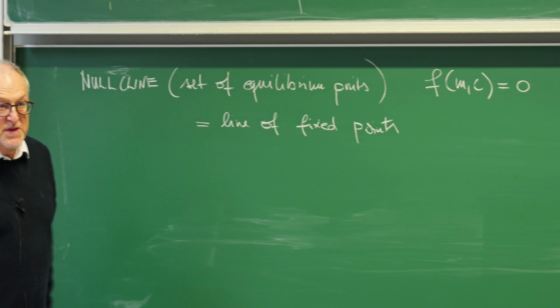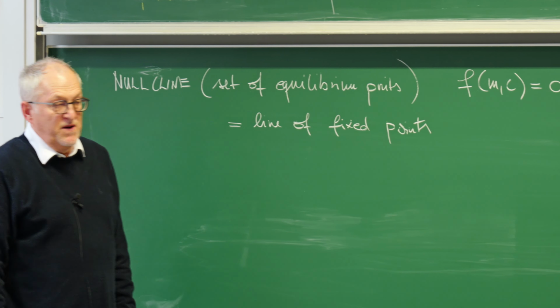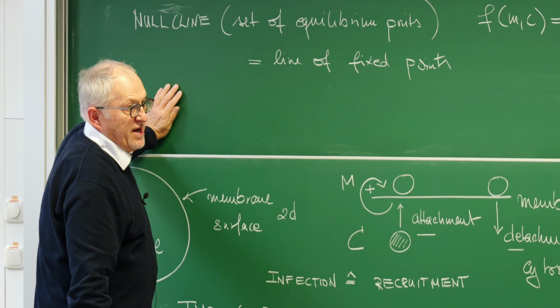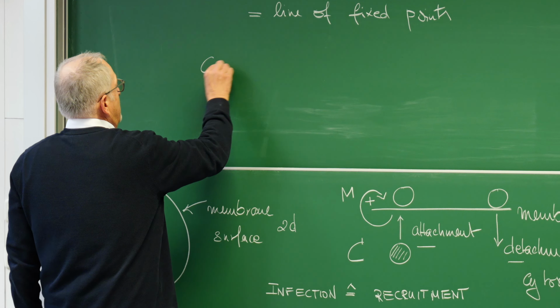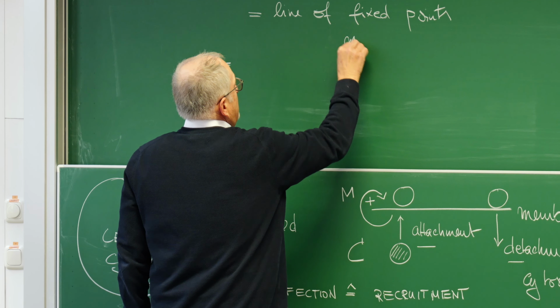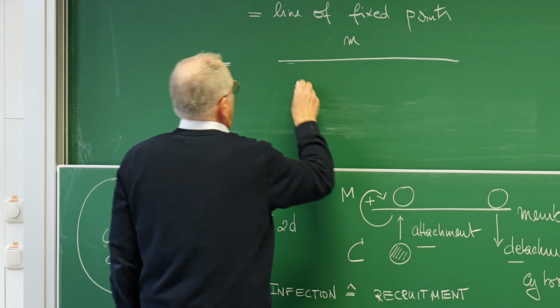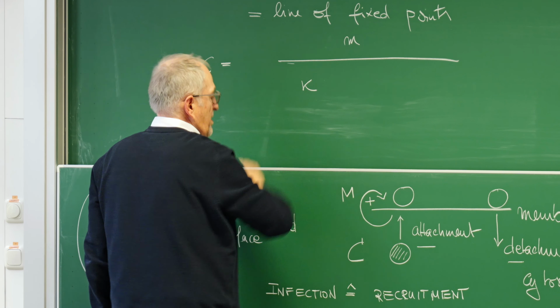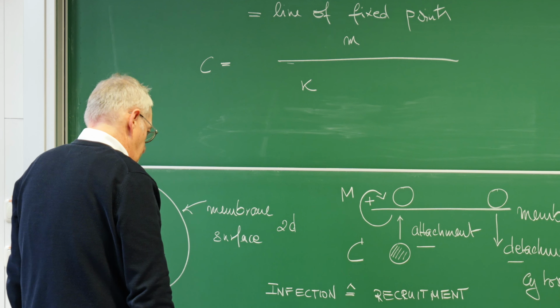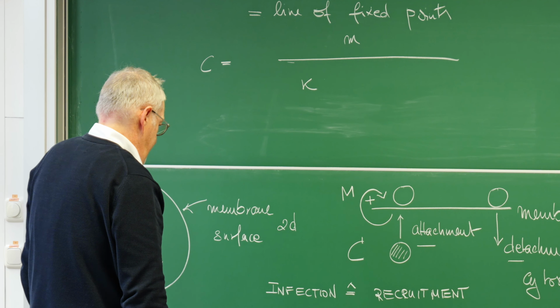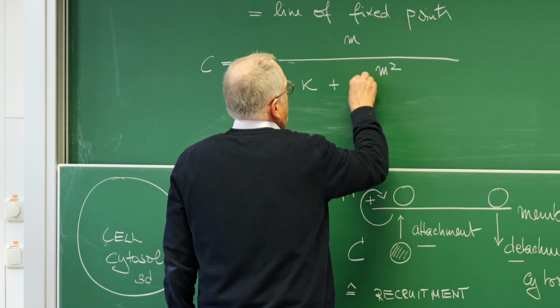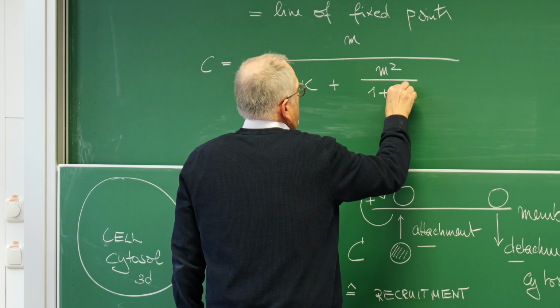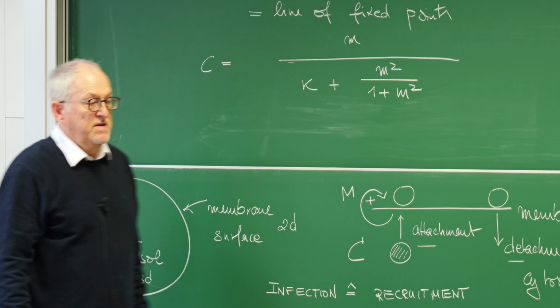And we can determine this line of fixed points by just using the relation that I wrote down. So if I invert that relation, you get c equals m divided by kappa plus m squared over 1 plus m squared.